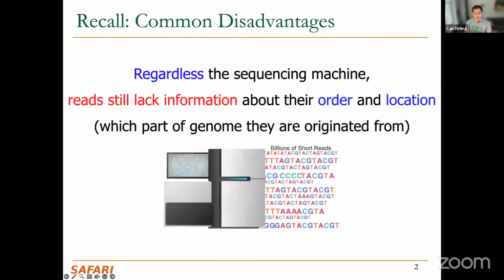If you remember, last week we described the sequencing technologies, and then we mentioned that all of these sequencing technologies that we covered share a common disadvantage, which is that the reads we generate lack the order and the location information regarding their origin in their corresponding genomes.